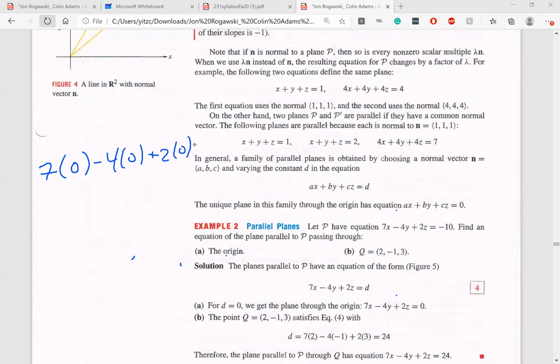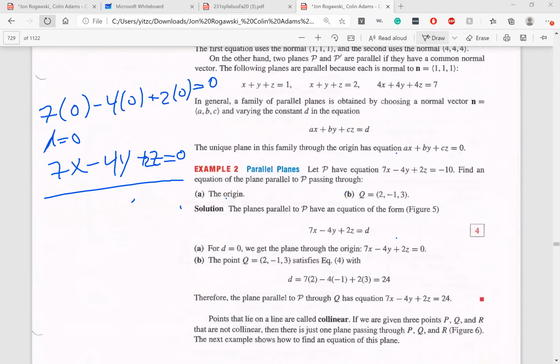That's plugging in the origin, and that's equal to 0. So your d is going to be equal to 0. Then your equation over here will have the same form, but just a 0 over there. So it's going to be 7x minus 4y plus 2z is equal to 0.